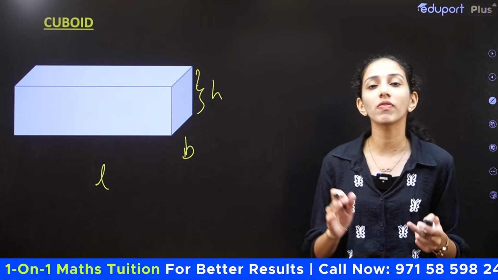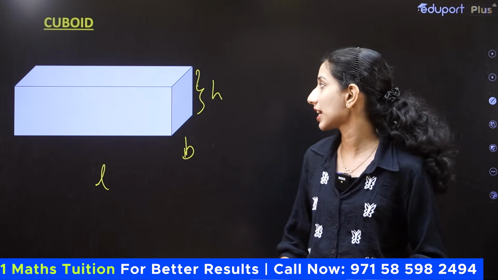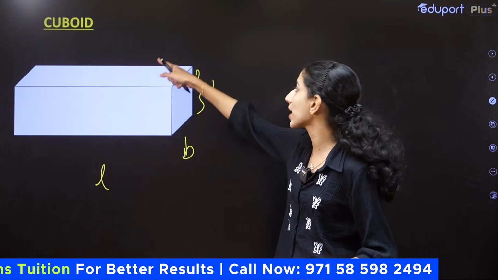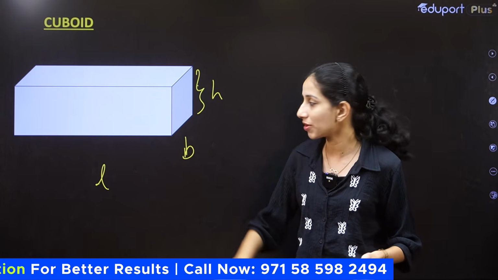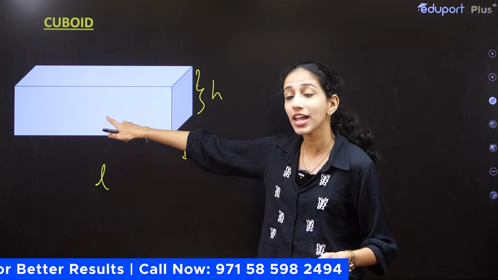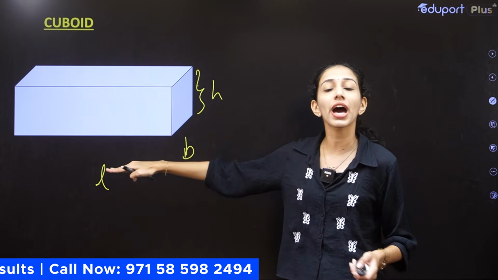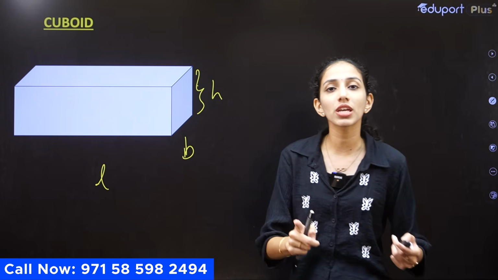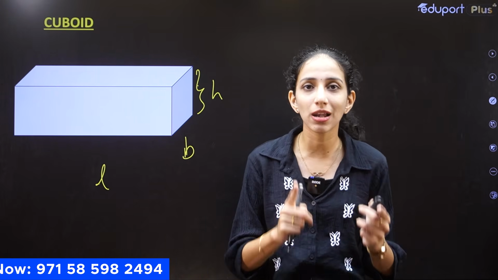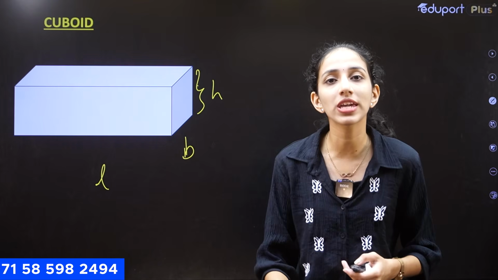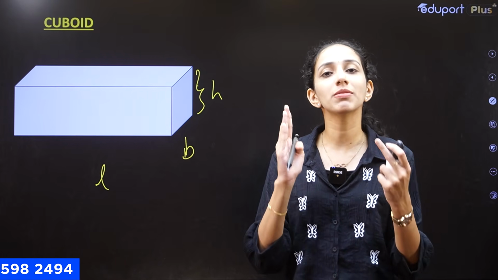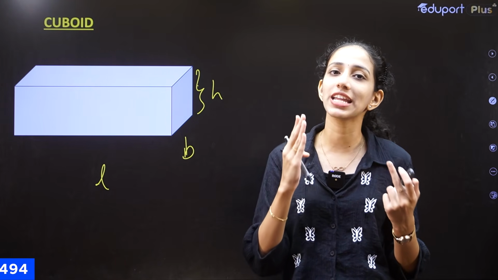Then what will be its total surface area? We have 2 faces of area lb, because this face has length l and breadth b, and we have 2 such faces. Similarly, 2 faces have area bh, and similarly, 2 faces have area lh.